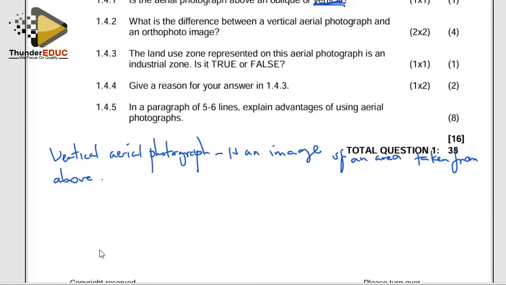That's basically a vertical aerial photograph. It's an image taken from above. A vertical aerial photograph is taken from a perpendicular angle, which means we just use remote sensing methods.